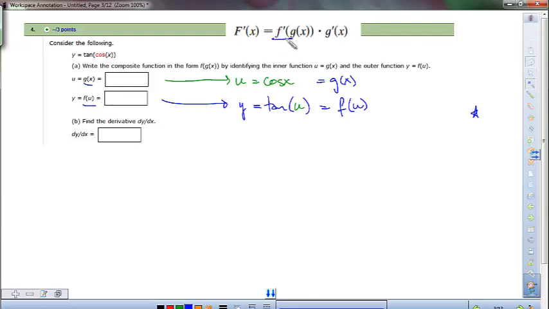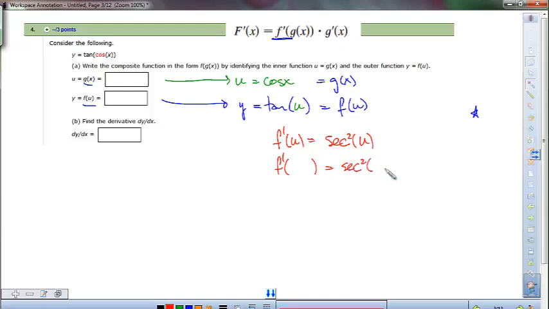Now we want f prime, did this in red. f prime of u, the derivative of tangent is secant squared of u, and if you didn't know that, just make sure when you're doing these problems to have a table of integrals handy so that you can get through these problems a lot quicker.